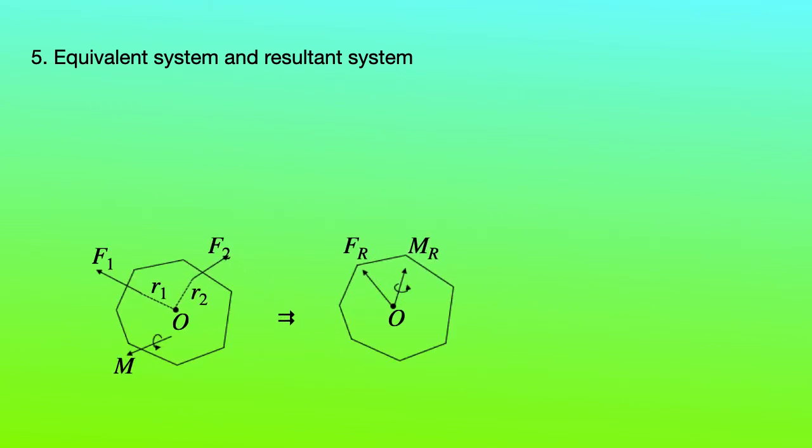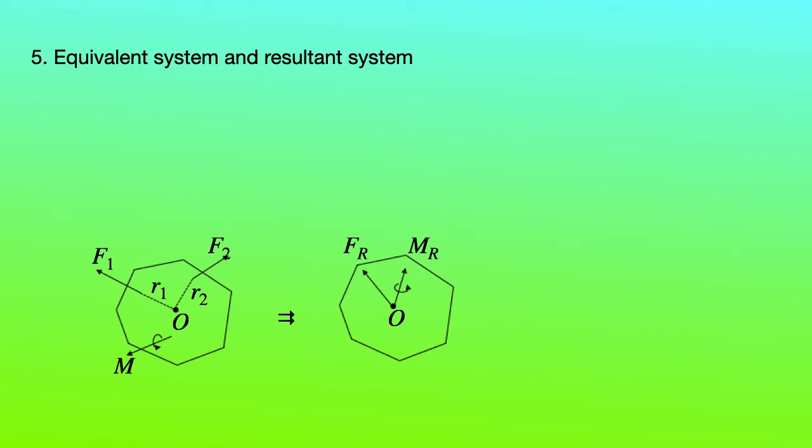Next is the equivalent system and the resultant system. This is how we convert a multiple loading system to a single loading system, or simplify multiple loadings to become a single loading.